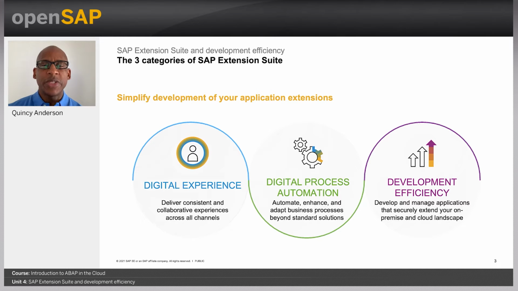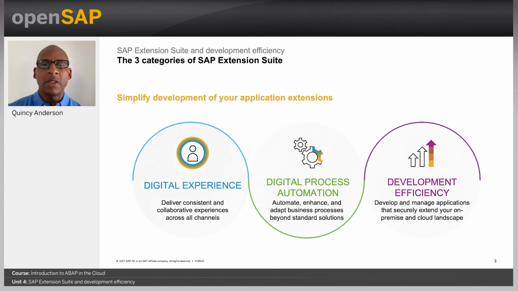On our screen here, we see the 3 categories of SAP Extension Suite. SAP Extension Suite contains approximately 80 services categorized into 3 areas that you see here, namely digital experience, digital process automation, and development efficiency. By categorizing the different services this way, it makes it easier for us as developers to build new applications and extensions in a smooth, intuitive manner, utilizing the correct services from each area for each step of the way.